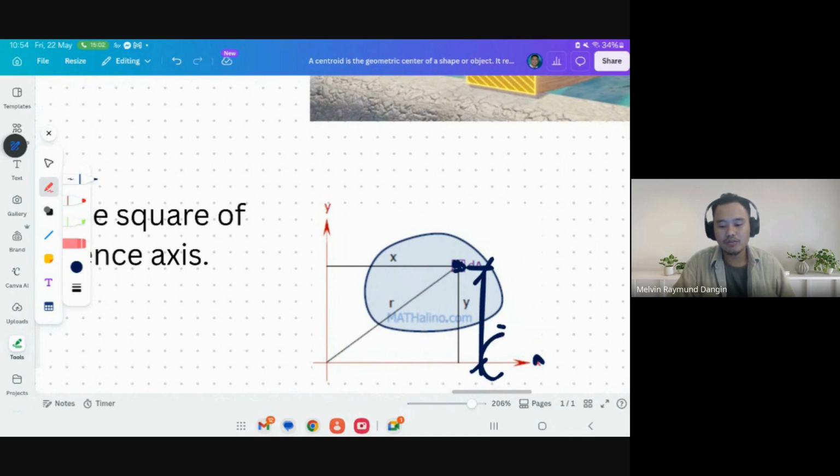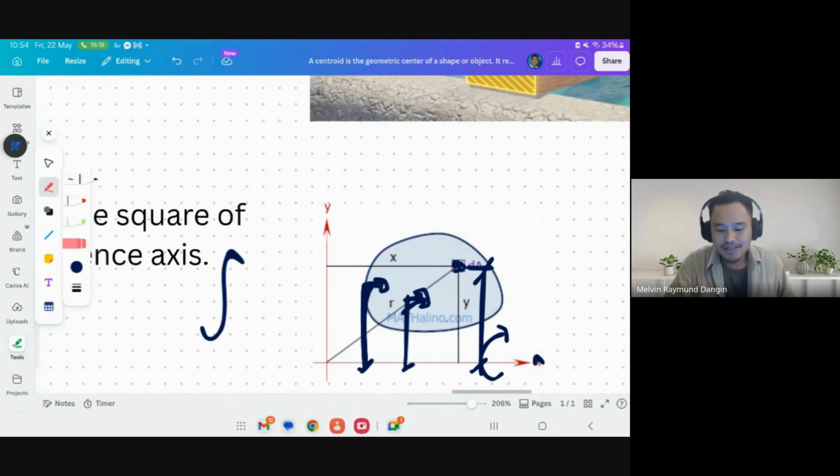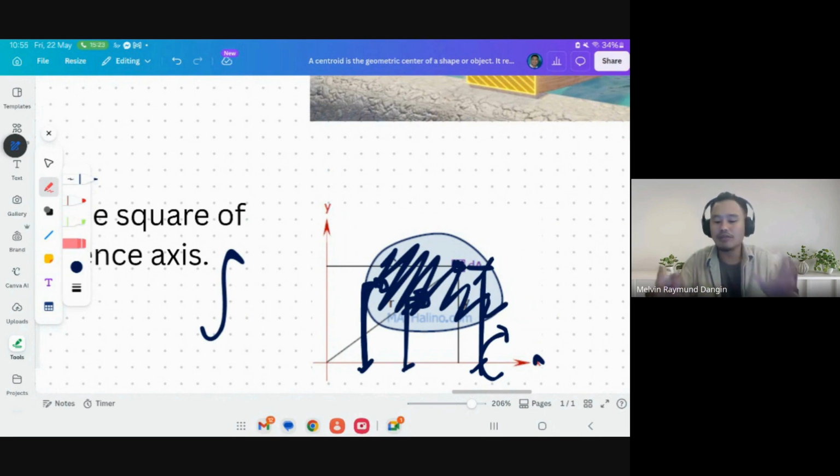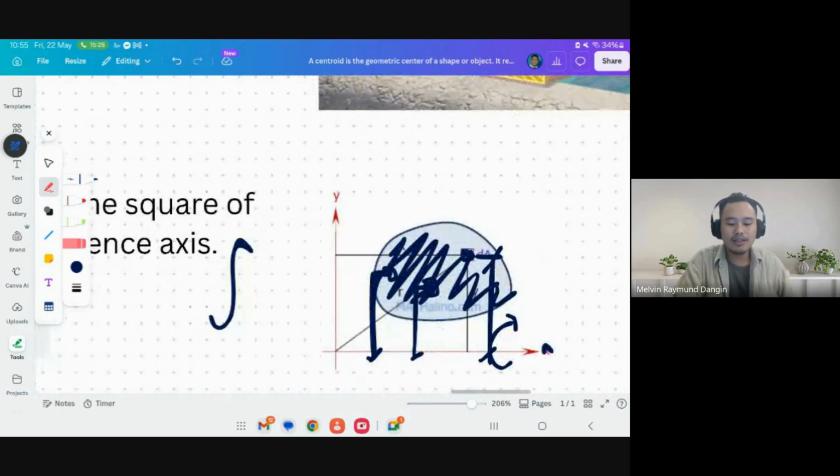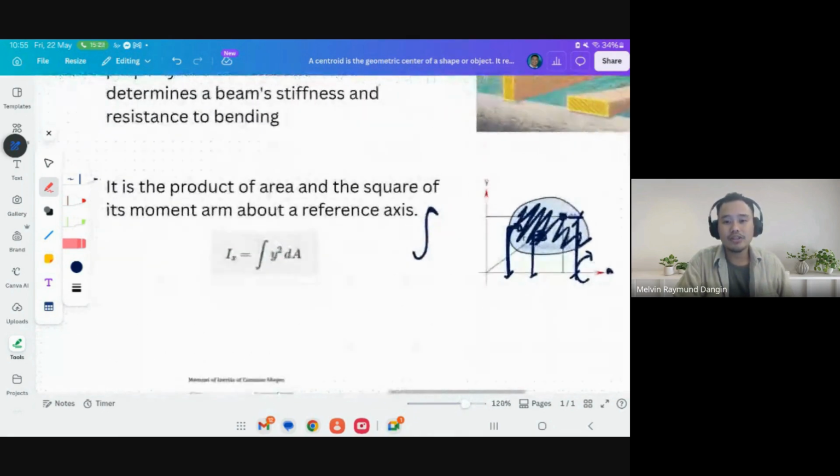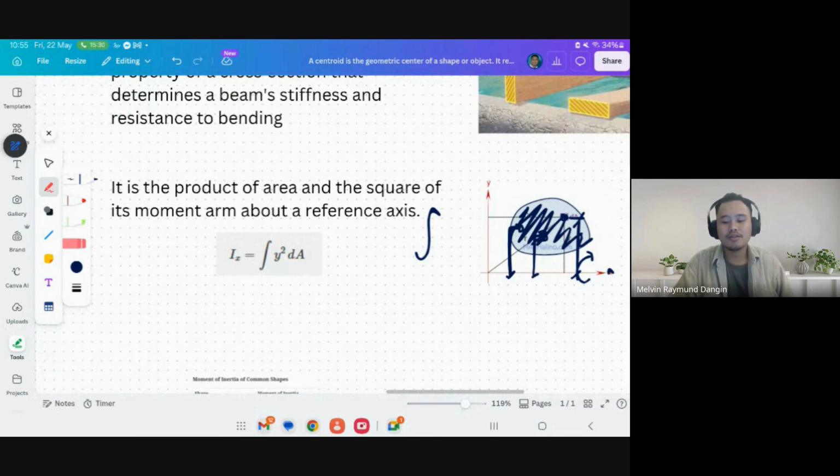So if you're making it rotate about that, that's how you compute. And then you do a lot of those, right? You do one in there, another one in here. That's what integrals are for. You're summing it all up. Once you cover all of that, then you will get the moment of inertia about the x-axis.